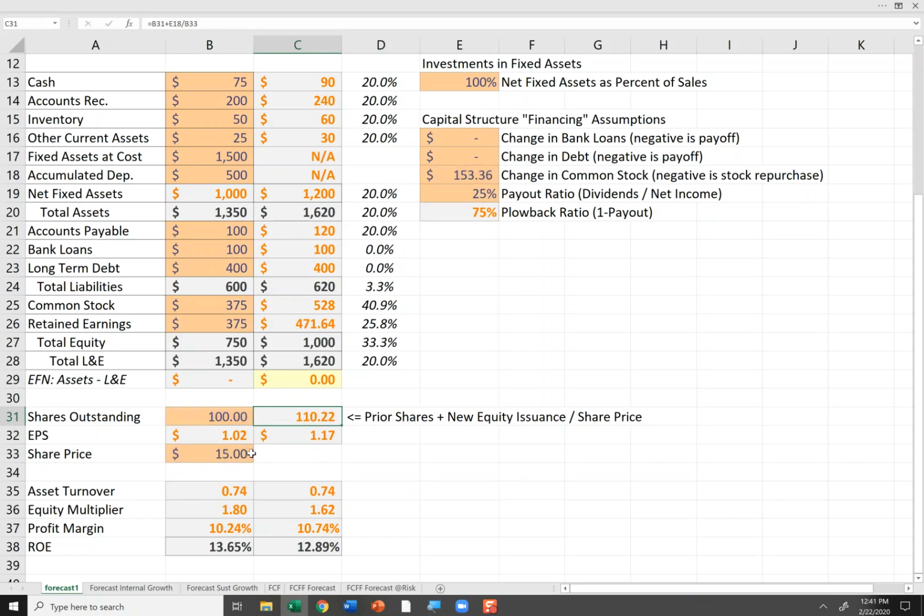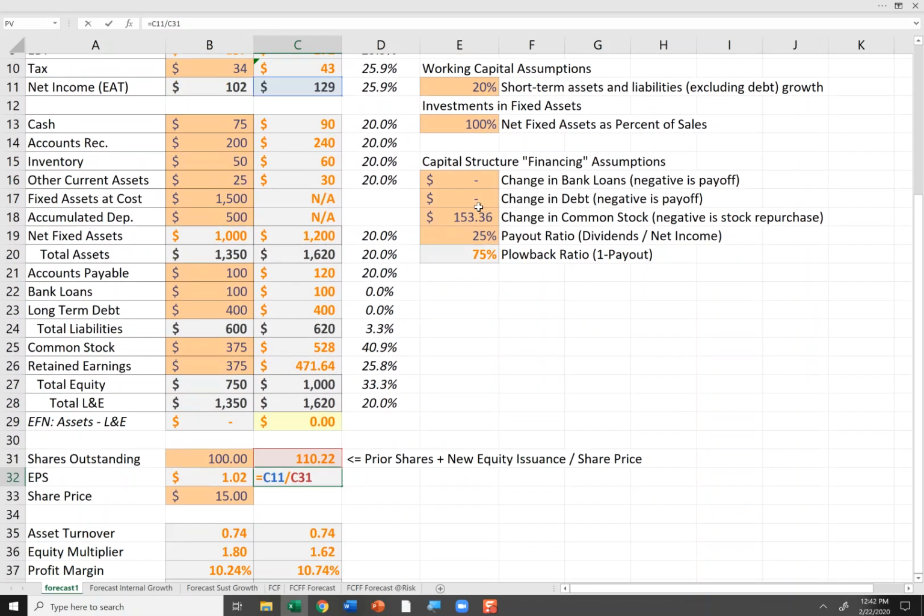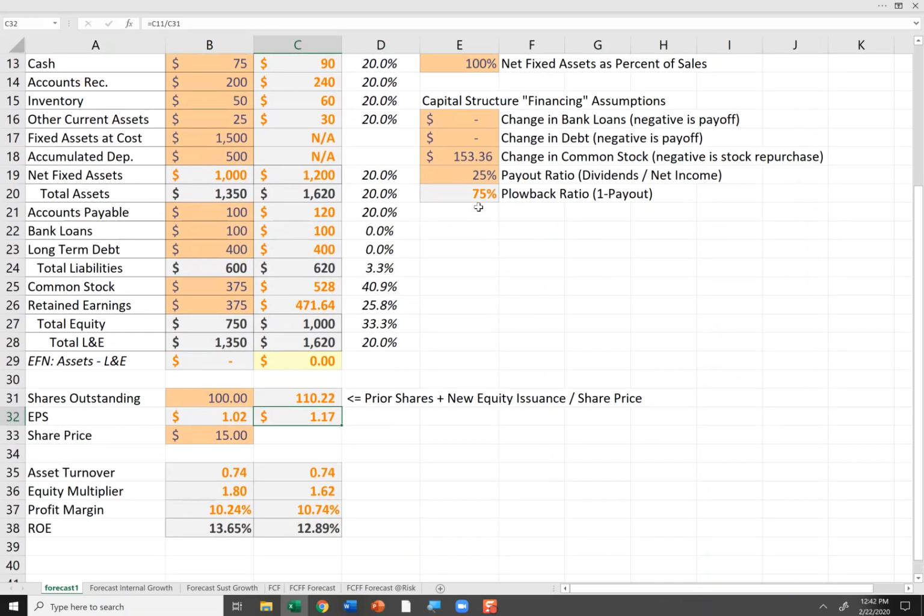So it looks like I had to issue 10.22 shares of stock to issue $153 in stock at a stock price of 15, which will give me a new EPS because I have more shares and I have a higher net income. So it looks like this assumption is going to have our net income going up by about 15%, going from about 102 to 117.